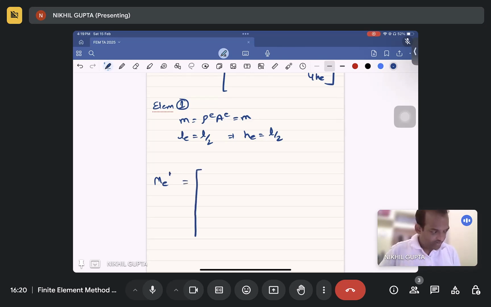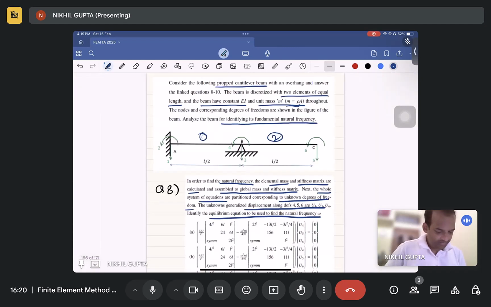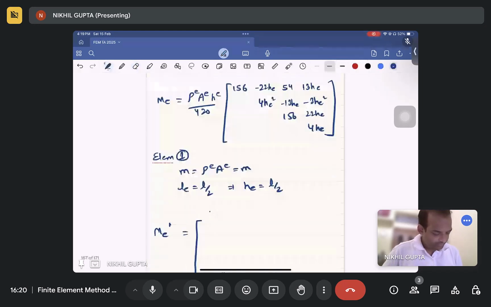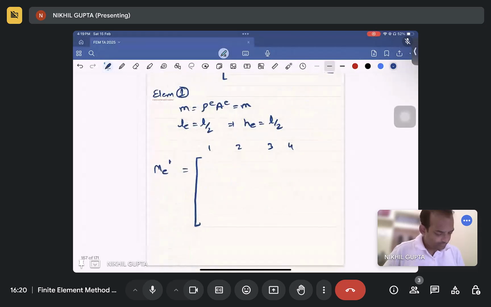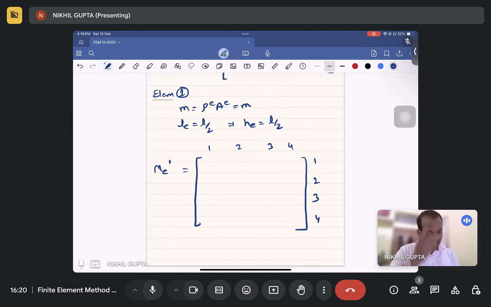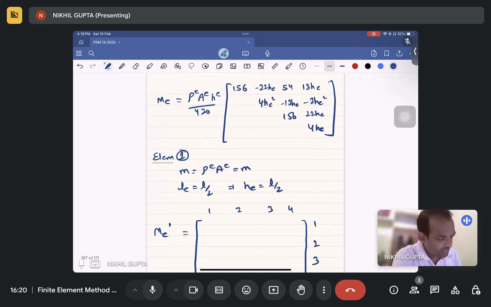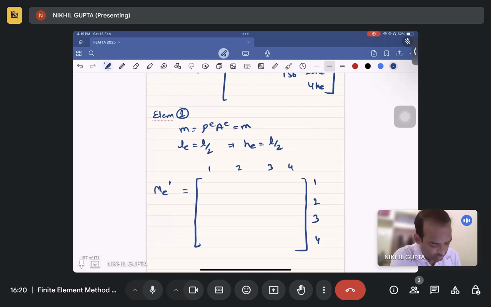So degrees of freedom for the first will be 1 2 3 4, this is already given here. So we can write 1 2 3 4 corresponding to 1 2 3 4. So we know this is the mass matrix, so when we substitute in this it will be mL by 840.